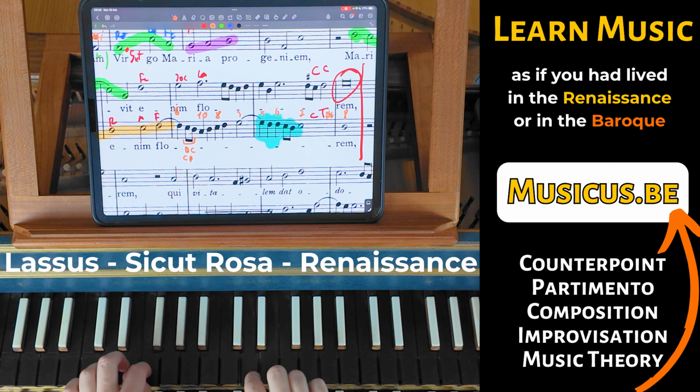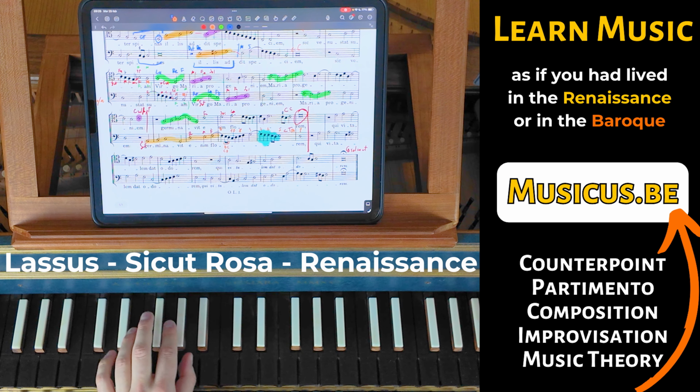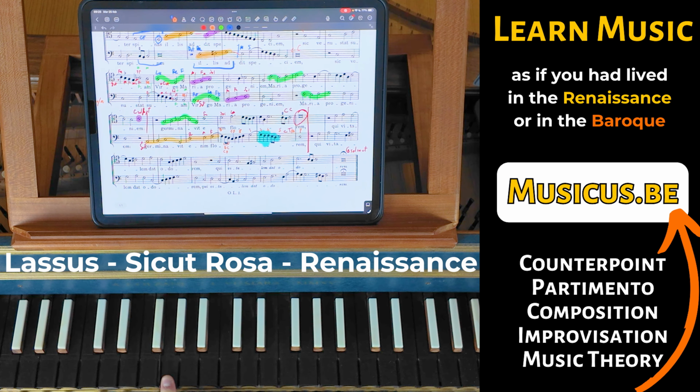Okay, then la, sol, la, sol, re, mi, fa. Here, we can use two different systems. We can say sol, la, sol, re, sol, mi, fa, sol, la, fa, or sol, la, sol, mi, fa, sol, la, fa.